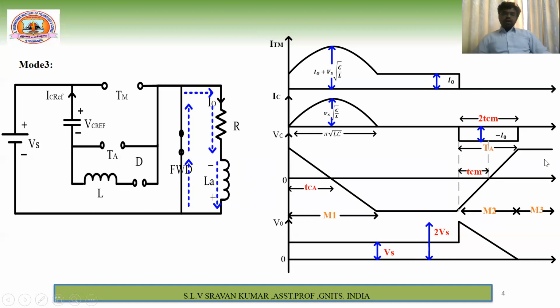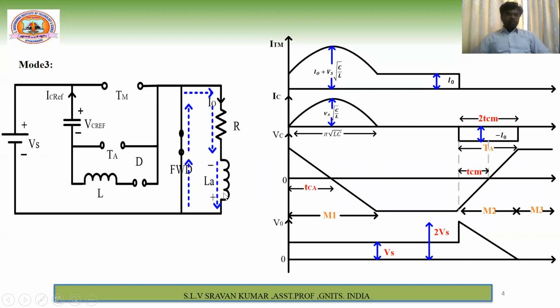So what is the circuit turn off time? Where your current reaches zero and the SCR voltage also reaches zero, somewhere in the next cycle, which I have shown here. So this is your TCA, which is equal to pi by 2 root x. Okay. So this is your class D commutation.